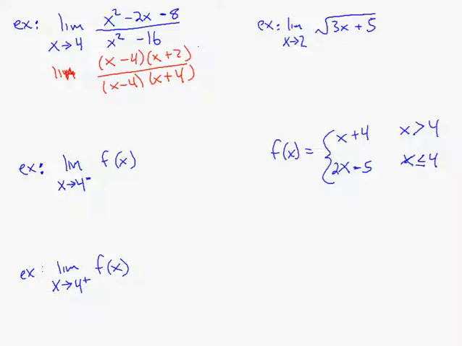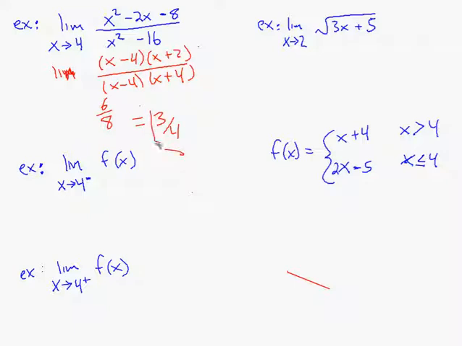Just substitute in, right? Yep, just substitute it. So we get square root of 6 plus 5, which is root 11. There's nothing weird going on here, so that's our limit.